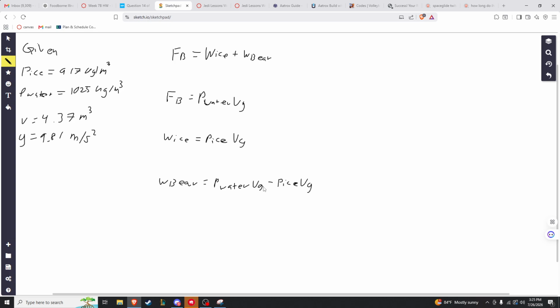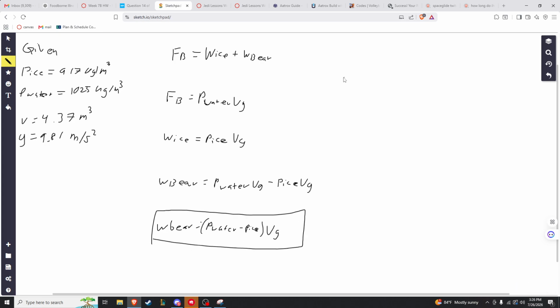And since they both have Vg in them, we can just factor it out real quick to make it easier. So weight of the bear is equal to density of the water minus density of the ice, and we have the volume and the gravity on the outside here. So what we do here is we just plug in, because we have this equation now.